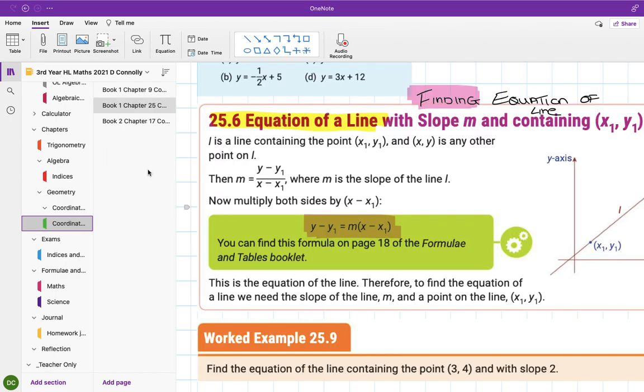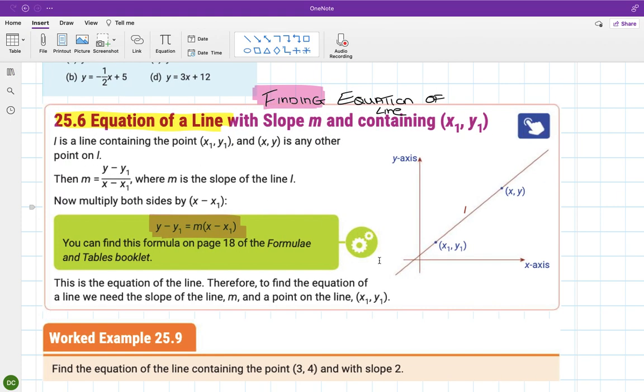Alright, so let's have a look at the equation. The plain y and the plain x are going to stay. They're not going to be changed or subbed into anything. They stay as part of the final equation.